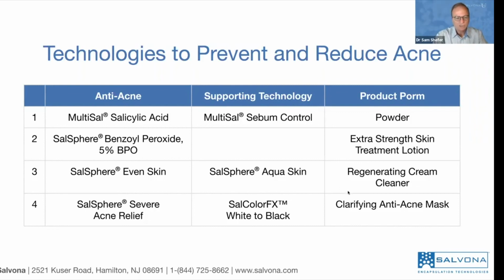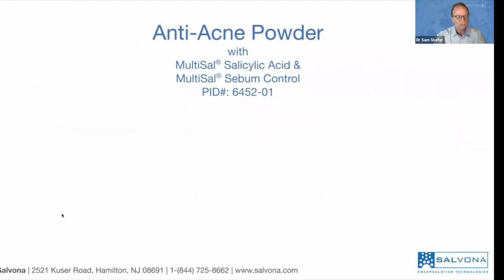The second one, the mask, is all about allowing the consumer to take control to determine where he wants to use this medicated product and how much he wants to use, and the indication is a color changing technology. This is called the Sol Color Effect, changing white to black. And of course, the technology that we use is SalSphere Severe Acne Relief. So this is the introduction, and now let's go to each one of the products.